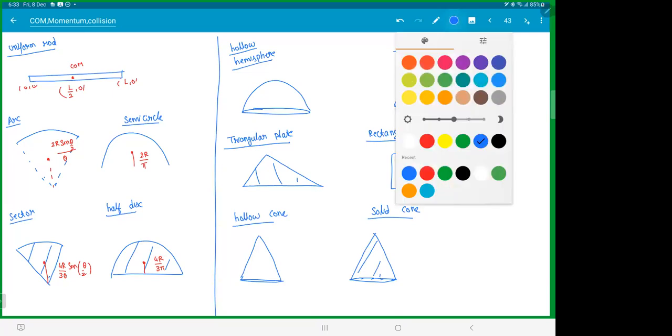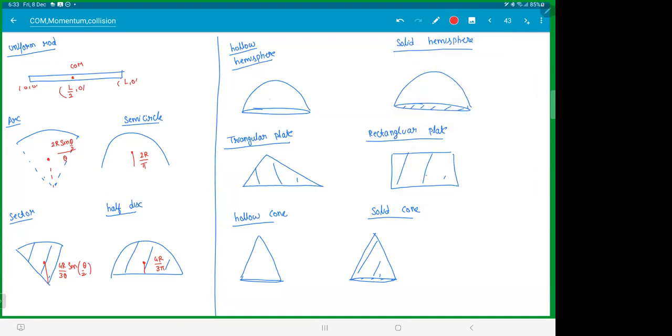Yeah. This would be r by 2, 3r by 8. Center of mass will be at centroid. This will be at the center. H by 3. Standard result. This much they should remember.